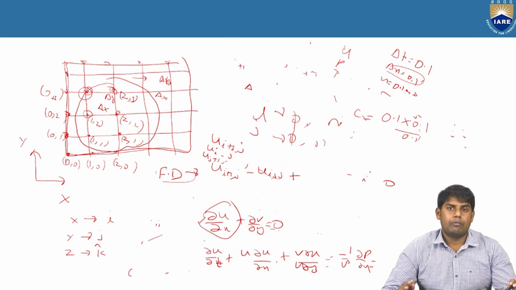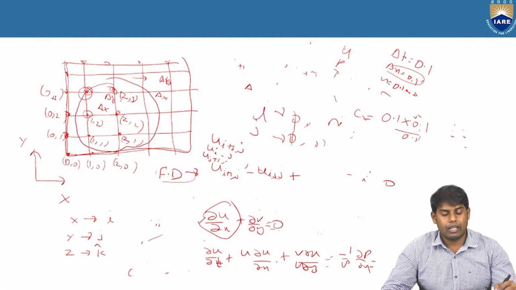So based on the type of method we have, if we are going for the finite element method, you'll get the discretized form at the grid points. For the finite volume method, you will see the gradients at the center of the cell, where you will be calculating the values.